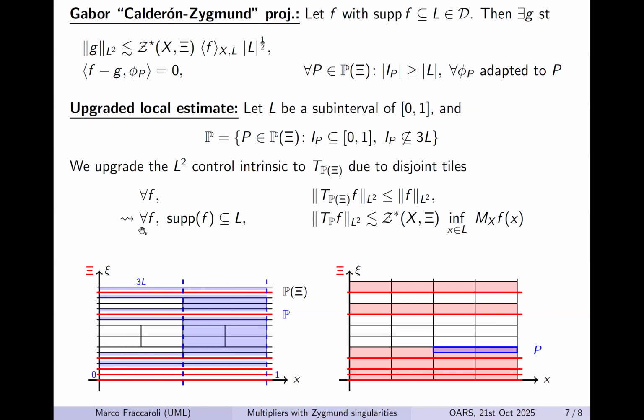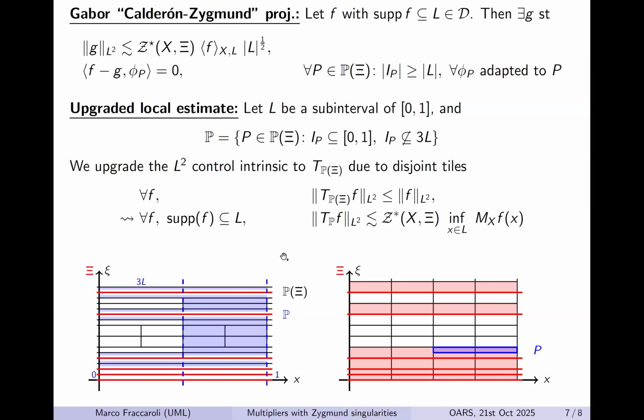What I'm going to tell you is that if we further know that our function is supported on L, and we restrict ourselves not to the full tiles P xi, but only to the tiles P, the L2 estimate can be upgraded in the way that we are going to control the L2 norm of the tile operator TPF with now an average of F in the sense of X, the Orlicz space X. So this is the maximal function measured in terms of averages in the X Orlicz space.